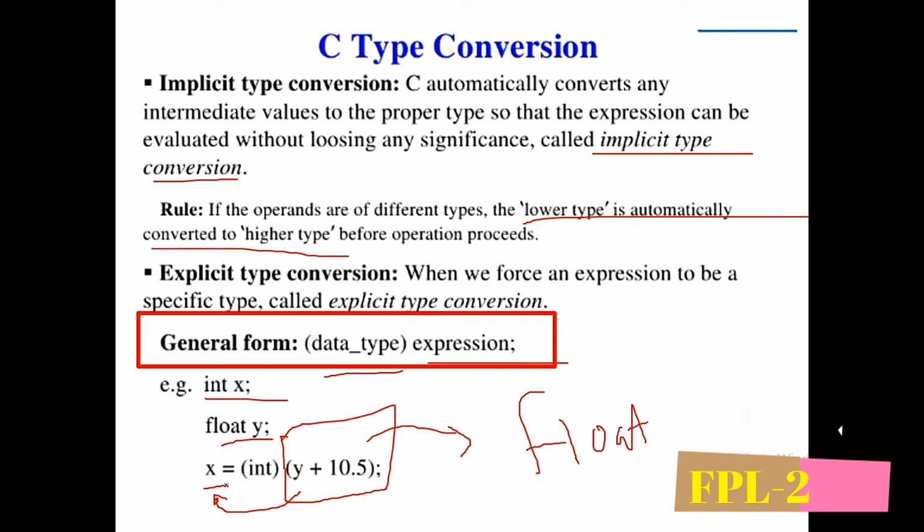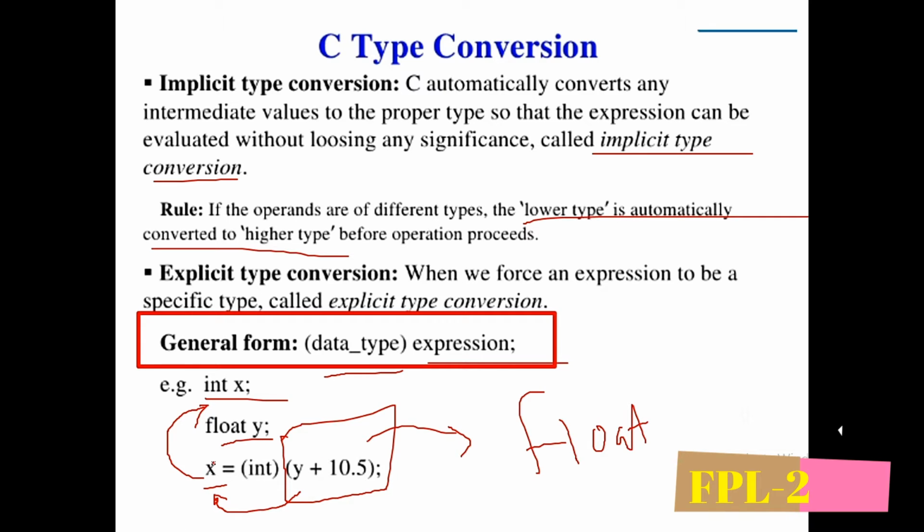We cannot store this because x is an int and this whole thing is float. Implicitly, the lower data type can be converted into the higher data type, but this is the higher data type. After int we have float, after float we have double, and so on.